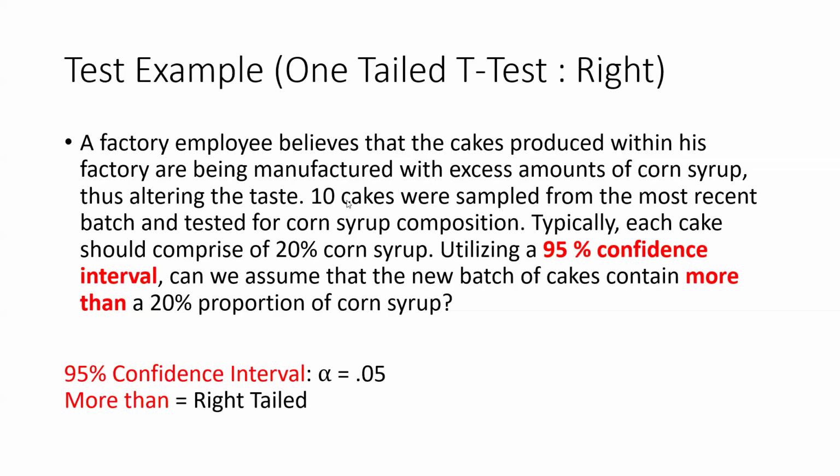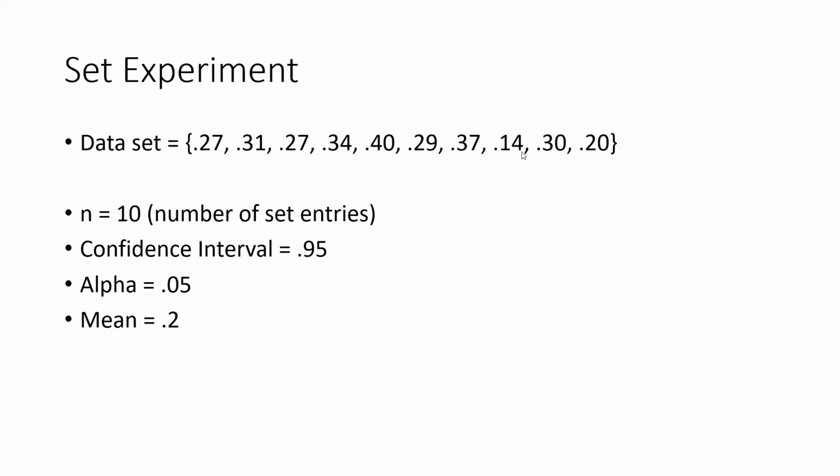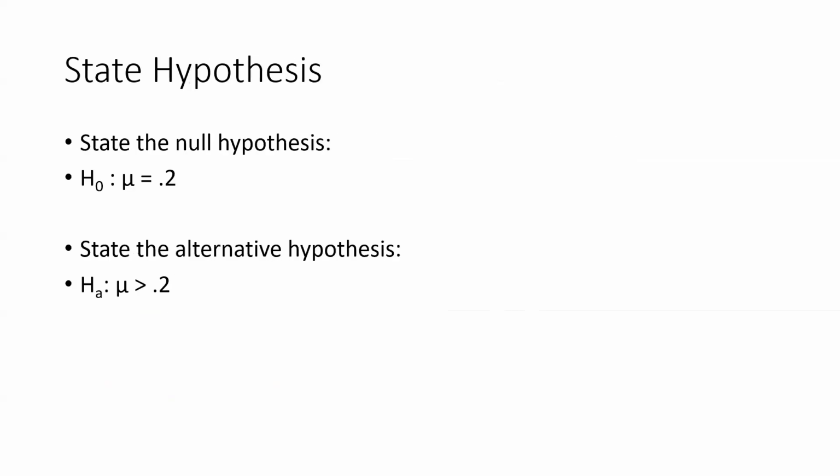So we're going to state the null hypothesis and the alternative hypothesis. The null hypothesis in this instance is mu equals 0.2. And the alternative hypothesis is mu is greater than 0.2. And mu is the symbolic notation for mean.